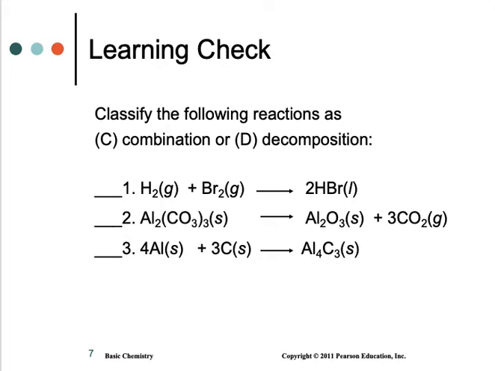All right, so you have one reactant, more than one product. That's decomposition. Okay, aluminum and carbon coming together to form aluminum carbide. Okay, so that's combining, so it's a combination reaction. Nice and easy? I figure this is easy. I would say this is pretty simple.